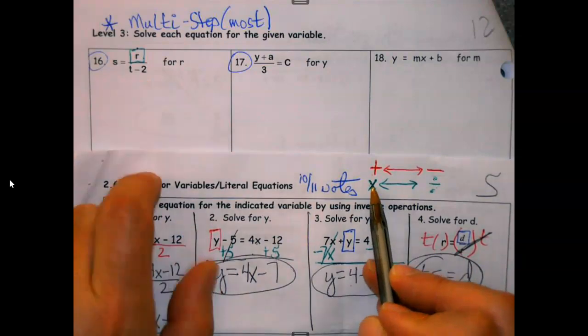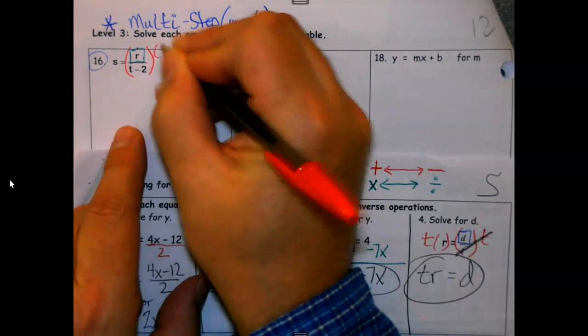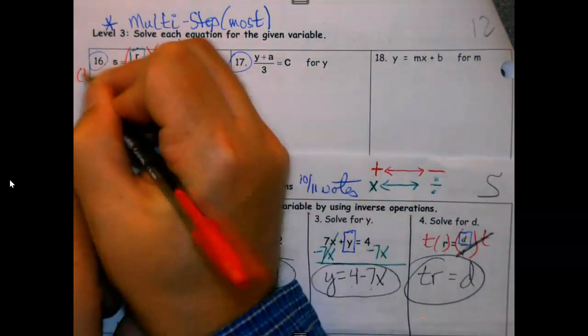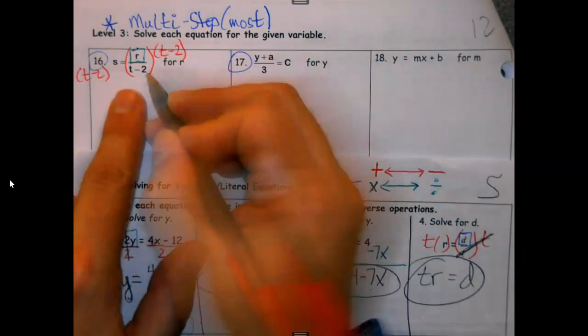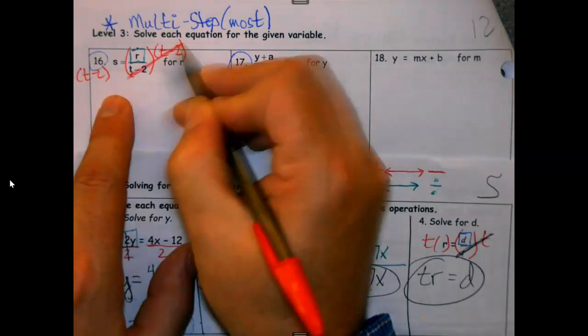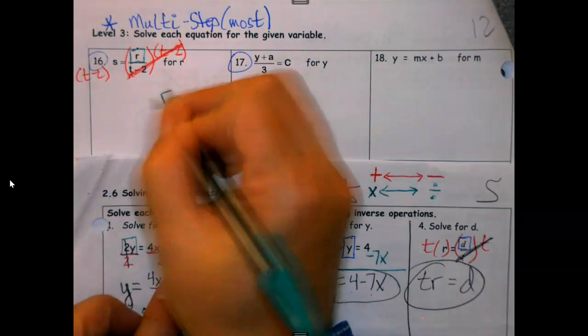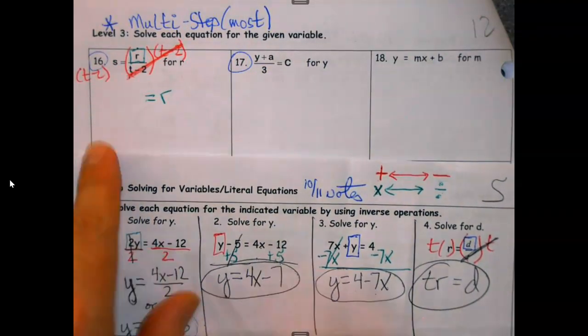Okay? We're going to multiply by t minus 2 on both sides. So on this side, it just cancels. I'm not distributing. I'm not doing anything else like that. Over here, now it's going to look weird.